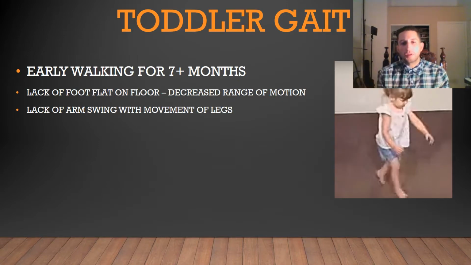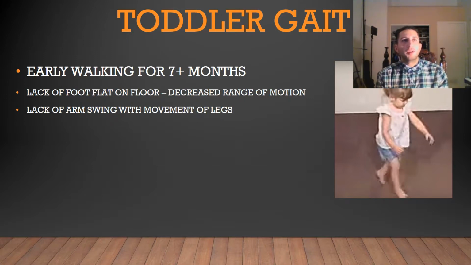On top of this is going to be a lack of arm swing with the movement of the legs. Usually as the left leg essentially extends, the right arm will go posterior of the body. Essentially, you're looking for these sagittal type movements when you do this type of gait analysis to see if that's been observed and documented.